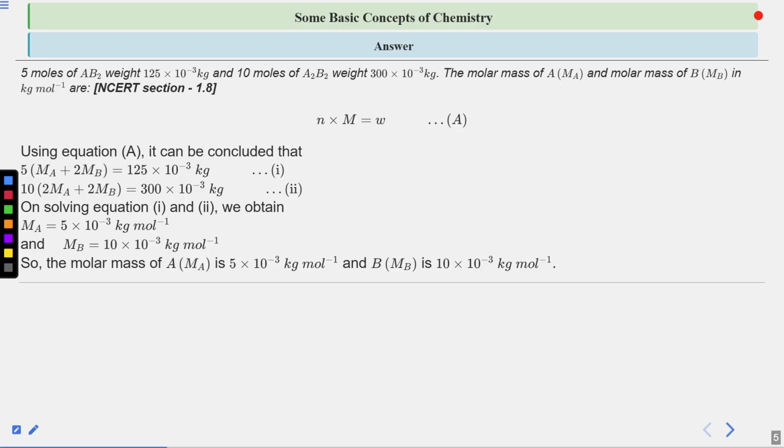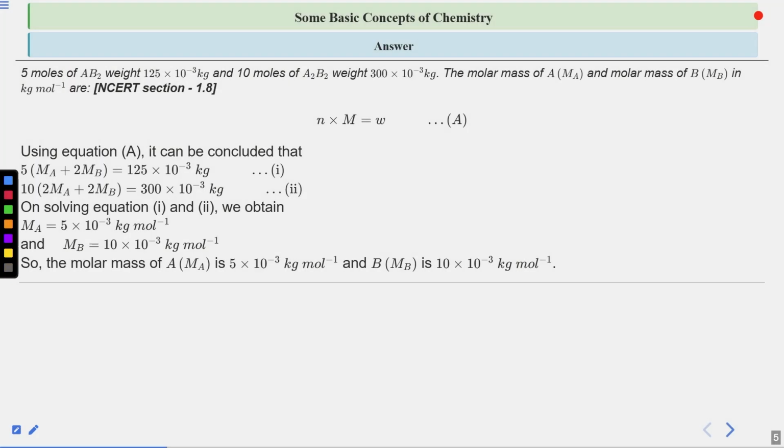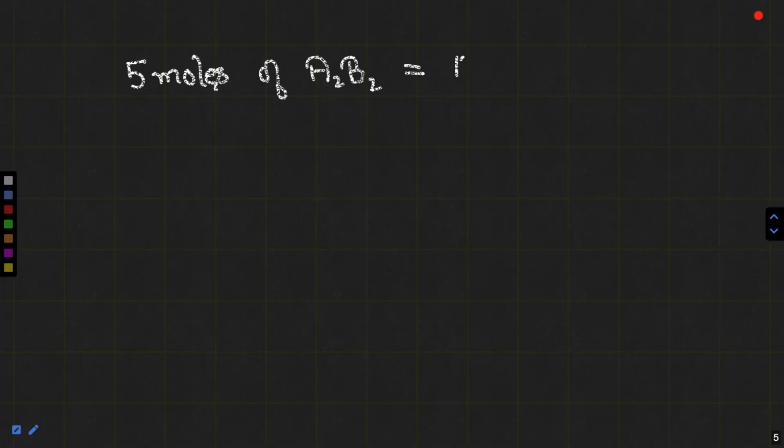So first of all, let us move to the board part. Just listen very carefully. So we have 5 moles of AB2, and its mass is given as 125 into 10 to the power minus 3 kg. Okay, so this is your first data.